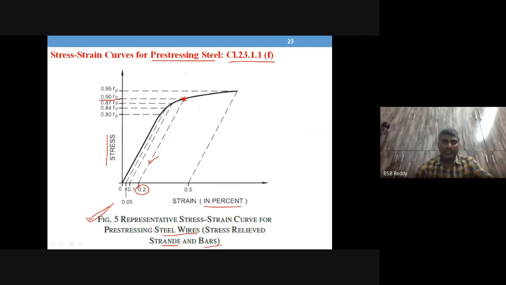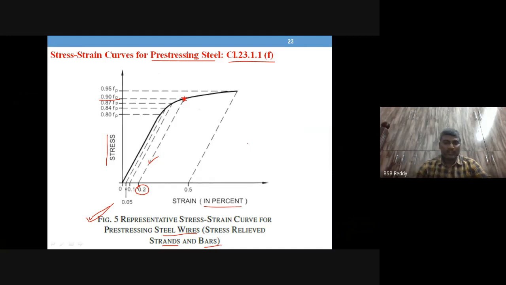Okay, so that is a change from the earlier codes, where different stress strain diagrams were proposed for different forms of steels, whereas a single stress strain diagram is represented for the pre-stressing steel in the latest revision of the code.